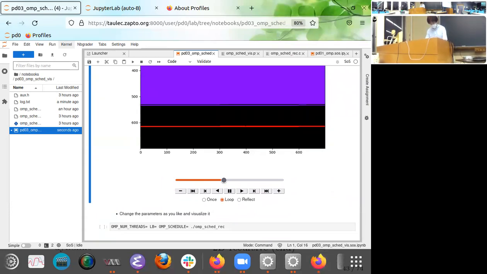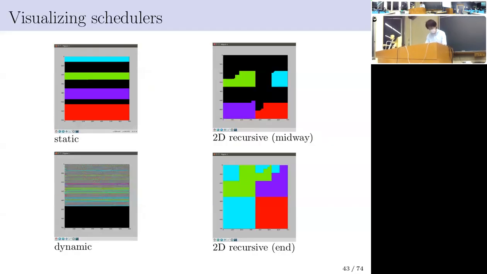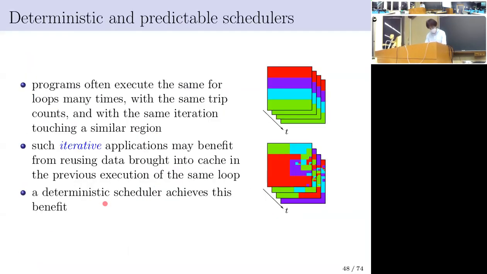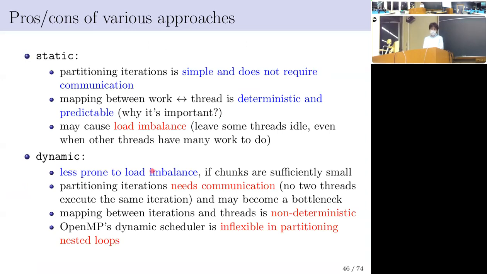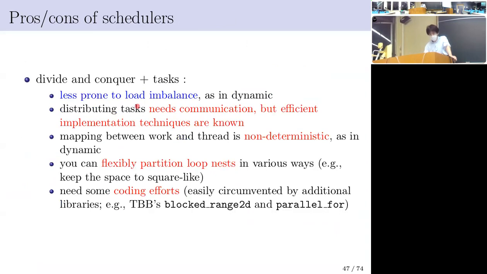Okay, I guess for today I'm almost done. So I have talked about several ways to distribute the work or iterations into underlying threads: the static scheduling, dynamic scheduling, and you can do divide and conquer using tasks.